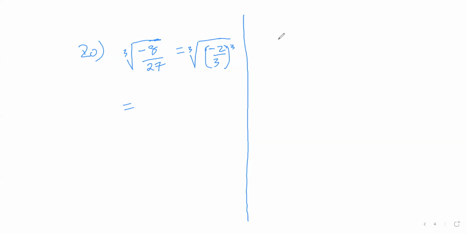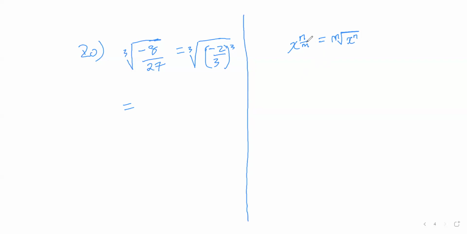Let me just write this by the side. This law says that x to the n over m is the mth root of x to the n, basically.